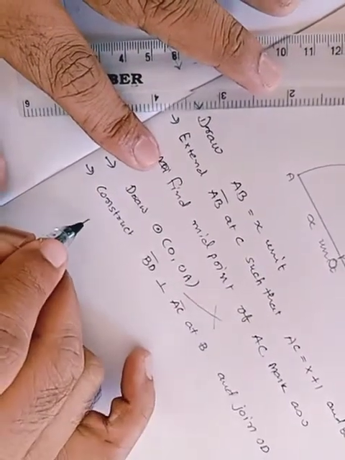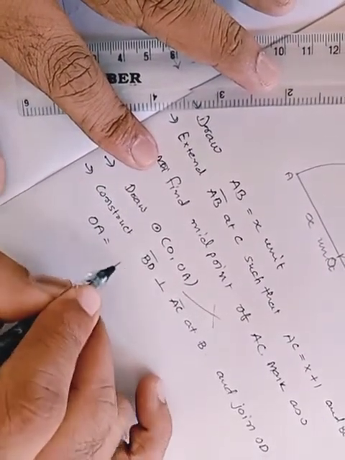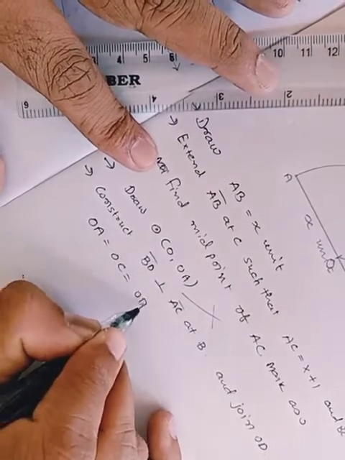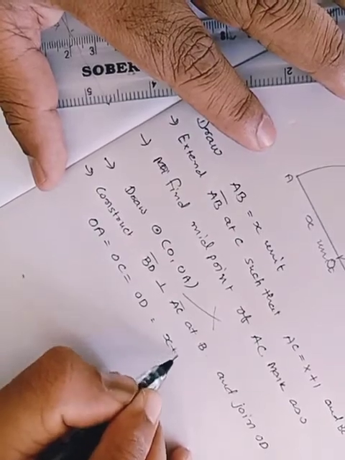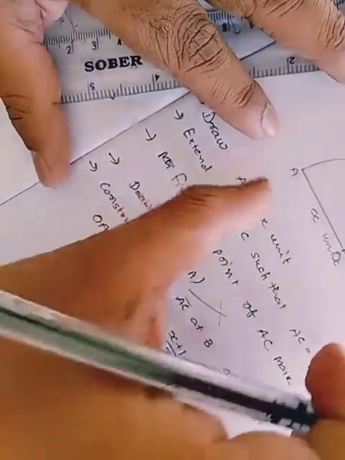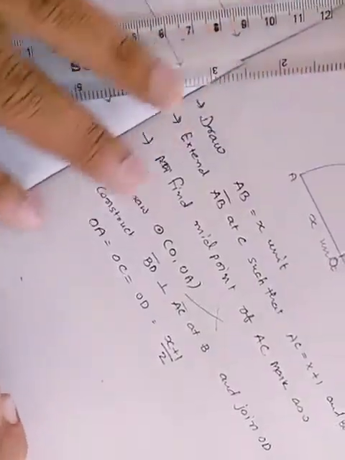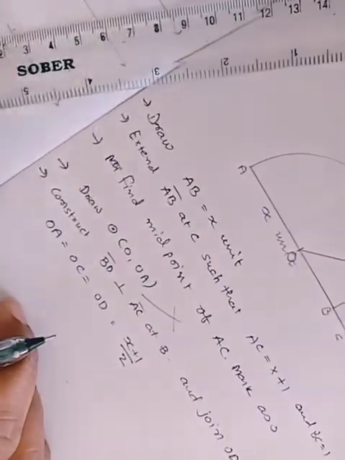So we have OA equals OC equals OD, that is half of x plus 1, which is x plus 1 by 2, because we have found the midpoint of the length x plus 1.